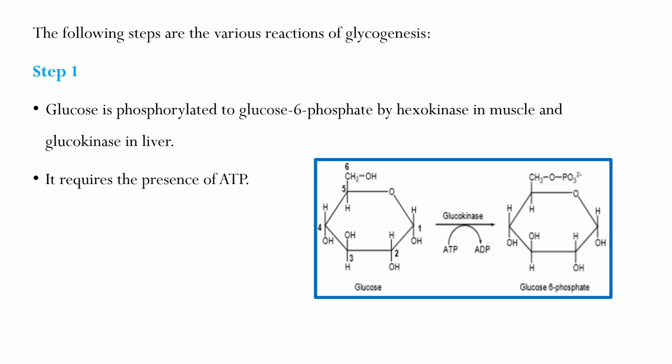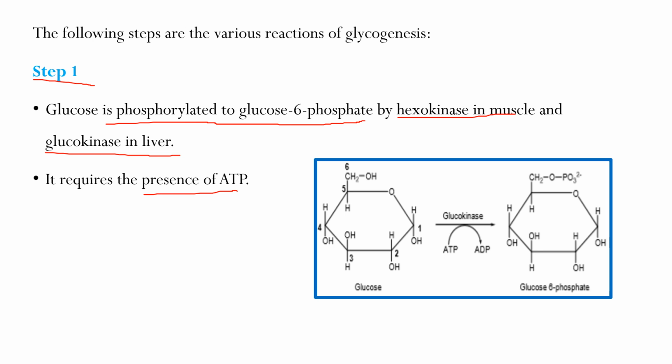In step 1, glucose is phosphorylated into glucose 6-phosphate by hexokinase in the muscle and glucokinase in the liver. This process requires the presence of ATP because the phosphate group is obtained from the ATP molecule.